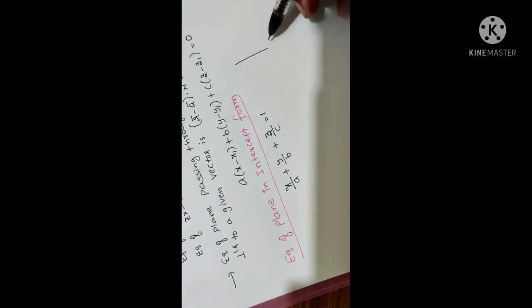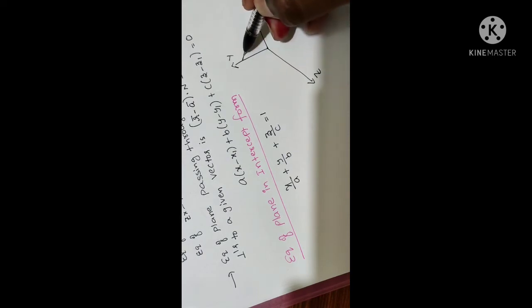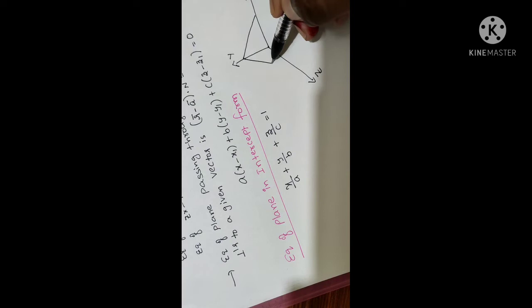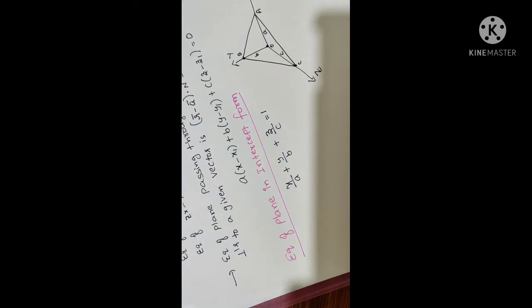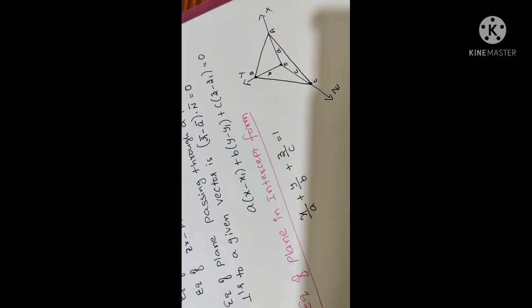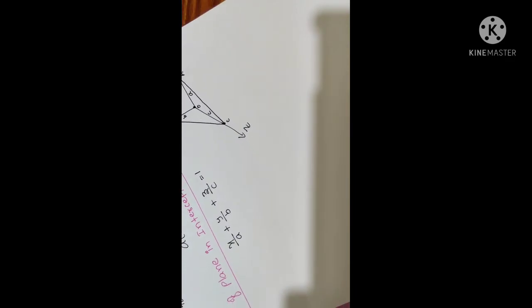For example, if you take the coordinate axes like this, this is x axis, this is y axis, this is z axis, it is a plane. This OA is x intercept, OB is y intercept, OC is z intercept. This is A, this is B, this is C. Then the formula is x by A plus y by B plus z by C equals 1. This is a formula for equation of plane in intercept form.